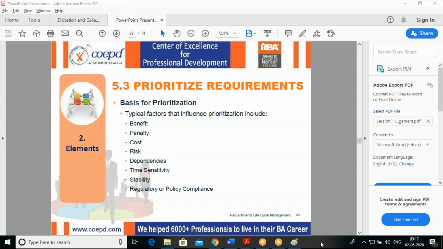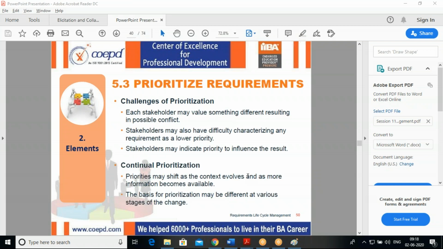Okay. Anita? Yeah. So I think it could be stability, then benefits, dependency, and cost. These are all actually interdependent disciplines that need to understand all the requirements and then prioritize on the basis of that.